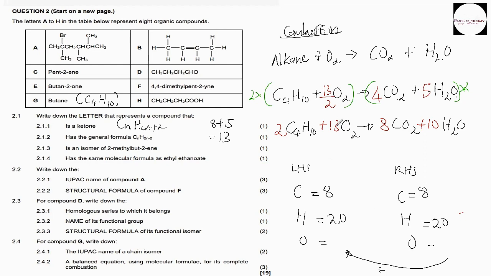But how many oxygens? That's 13 times 2, it's 26. And here we have 8 times 2, that's 16, plus 10 times 1, which is 10. 16 plus 10 is also 26, right? So the left-hand side is equal to the right-hand side. That means the equation is balanced.